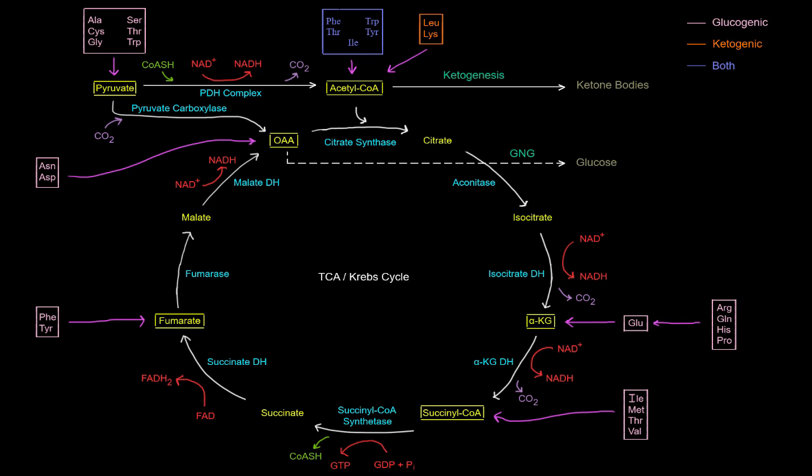So notice that phenylalanine is here as well as here, right? So it's ketogenic up here, glucogenic here. We've got isoleucine here. We've also got it here. So it's, again, ketogenic as well as glucogenic. We've got threonine here and here and somewhere over here.